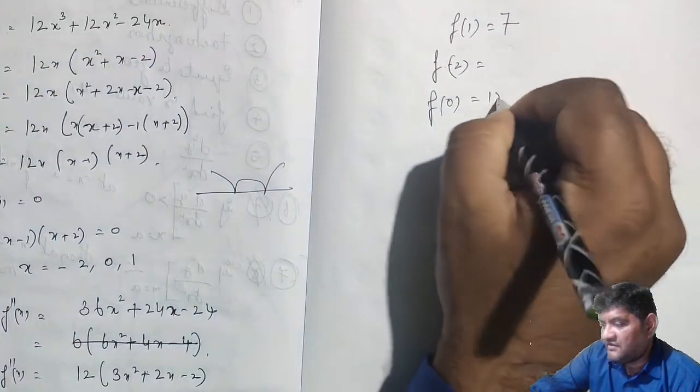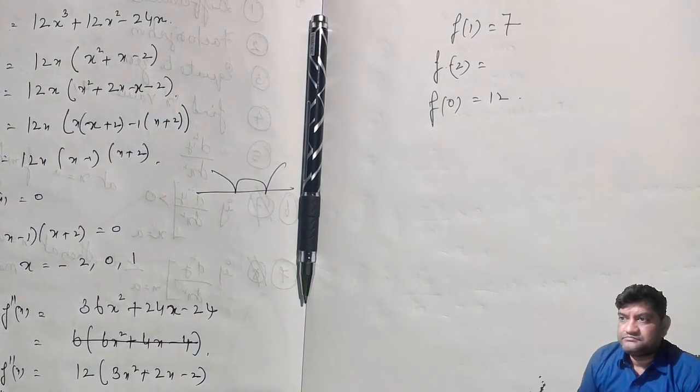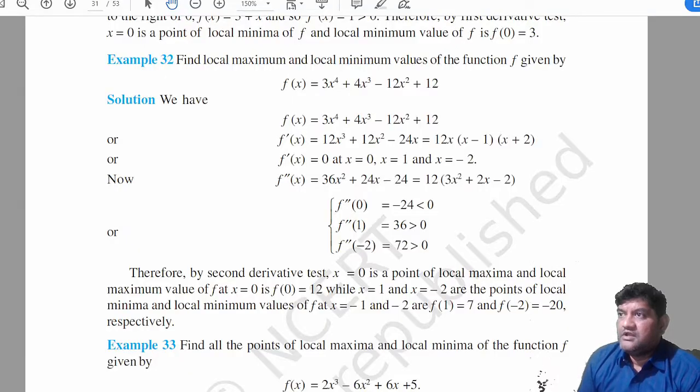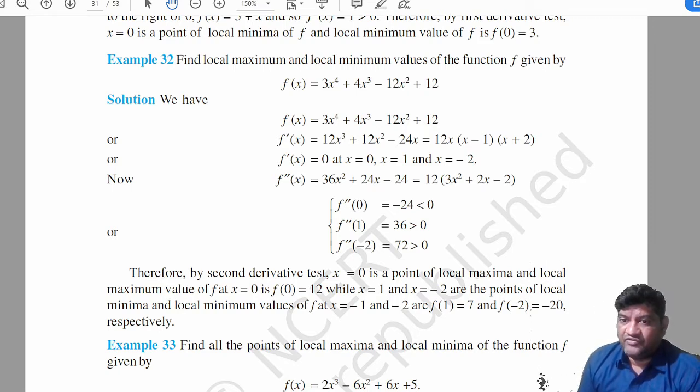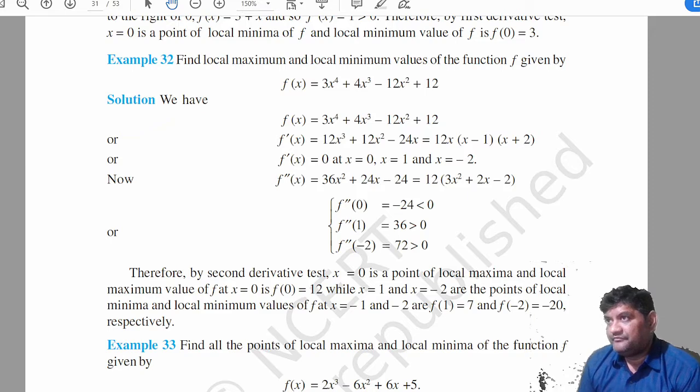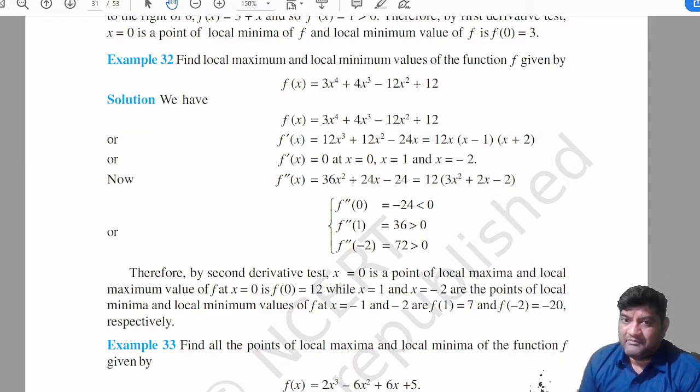So that's your answer. So be very careful when the question is asking for local minimum and local maximum values. You are supposed to give the y values, not the x values. And that's your working rule for local maxima and local minimum.